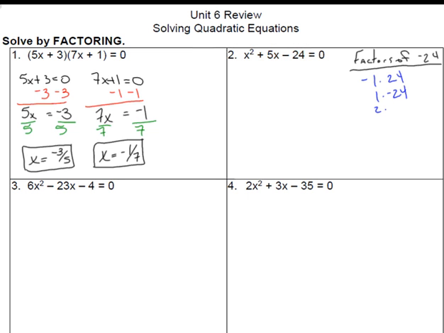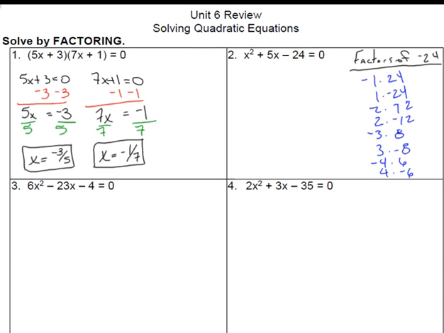I can have negative 2 times 12, or 2 times negative 12. Negative 3 times 8, and then 3 times negative 8. And then I can have negative 4 times 6, and then 4 times negative 6.